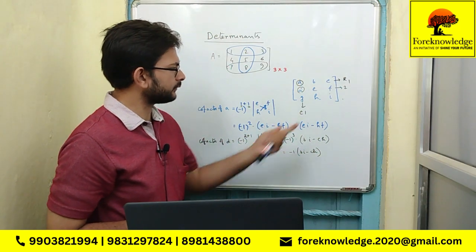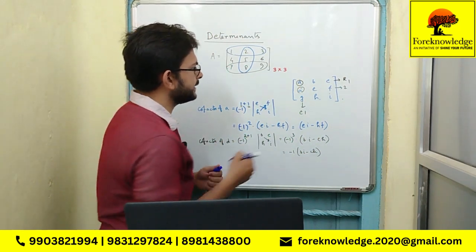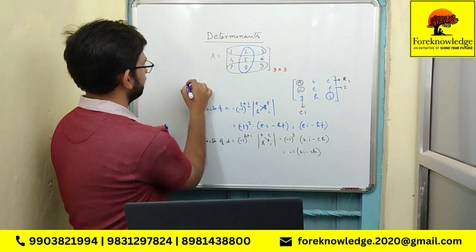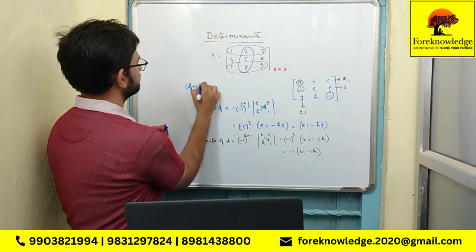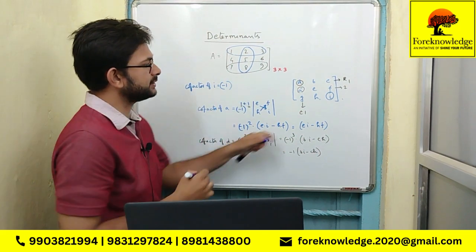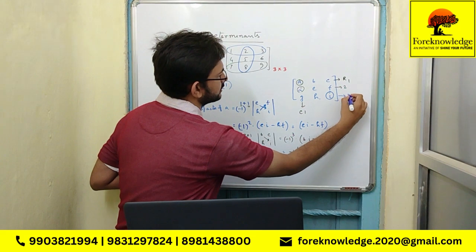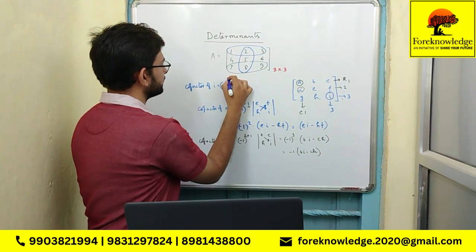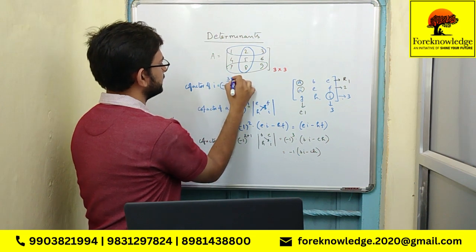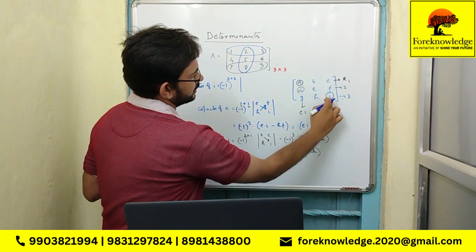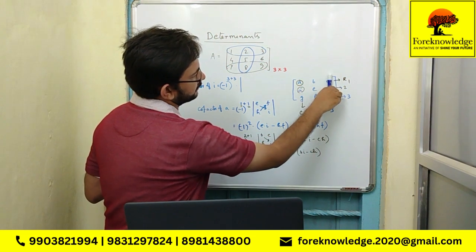What about the cofactor of I? Cofactor of I equals minus 1 to the power, where is it present? It is present in the third row, third column. So minus 1 to the power of row 3 plus column 3 into the subdeterminant. Third row, third column will be eliminated.